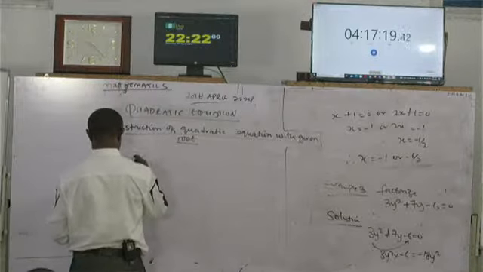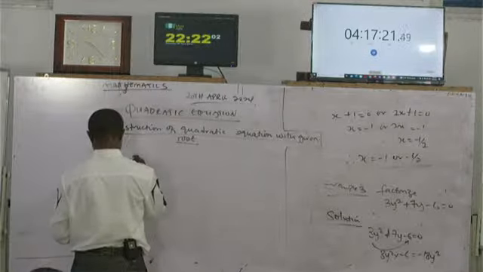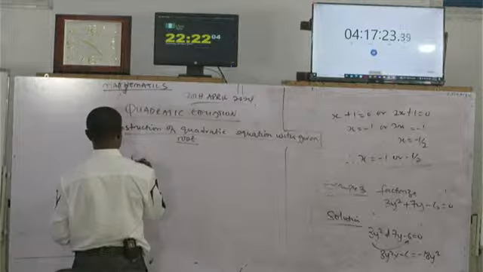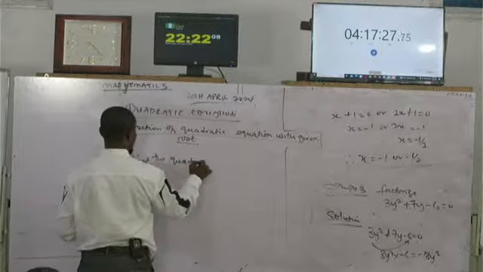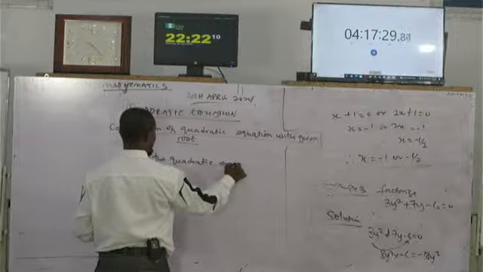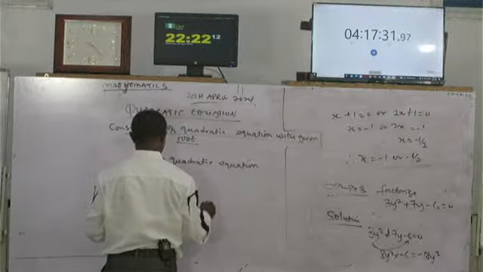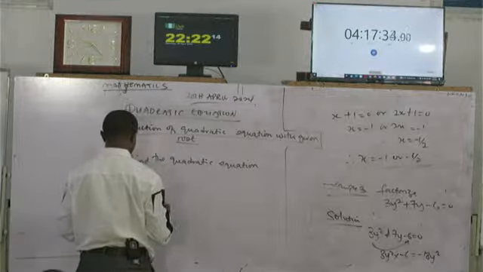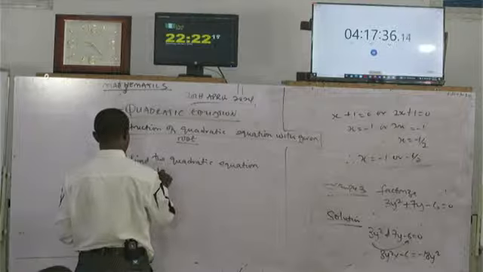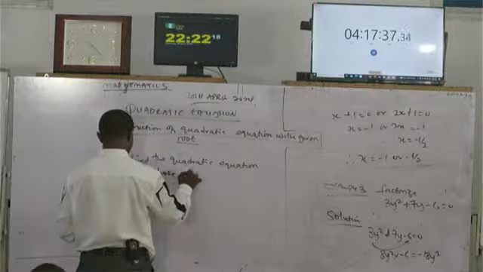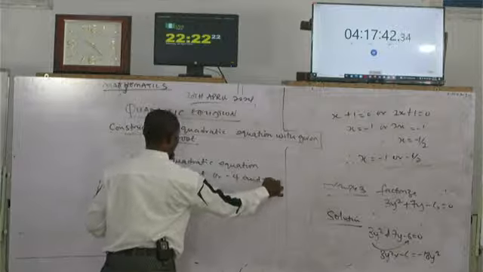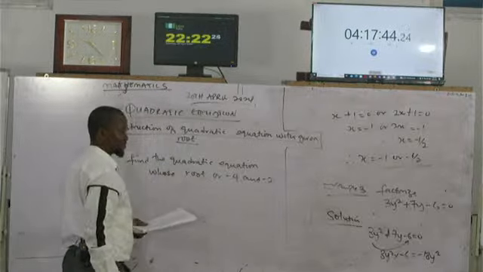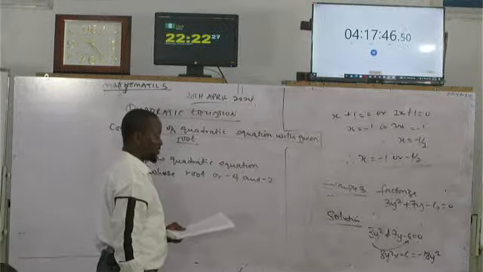Construction. Find the quadratic equation whose roots are minus 4 and minus 2.